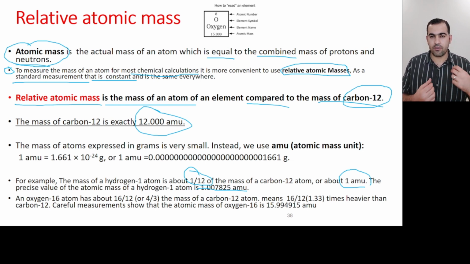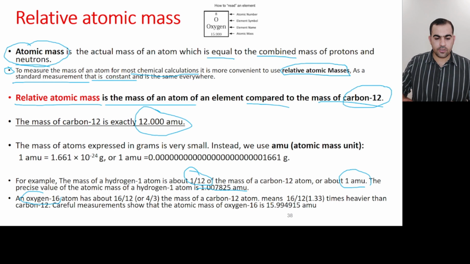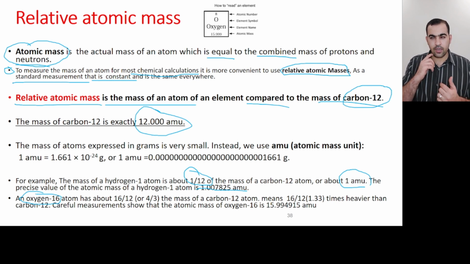They didn't measure the mass of protons and neutrons, sum them together and get the atomic mass. Take oxygen-16, the isotope whose mass number is 16, meaning 8 protons and 8 neutrons.